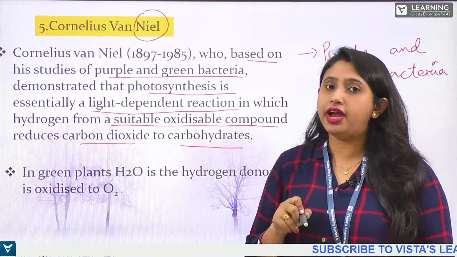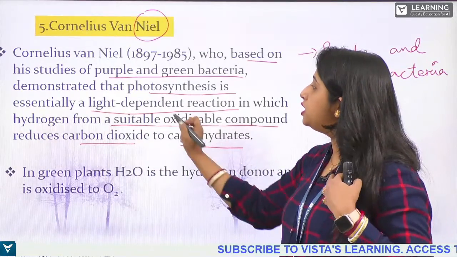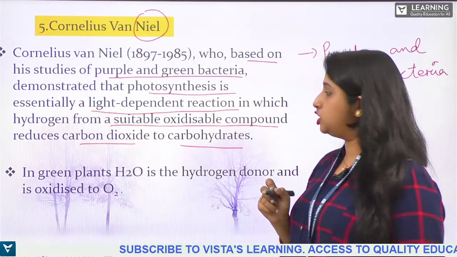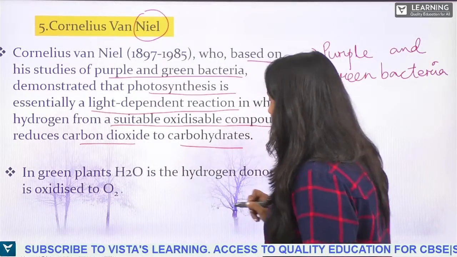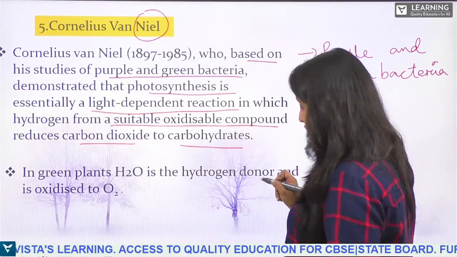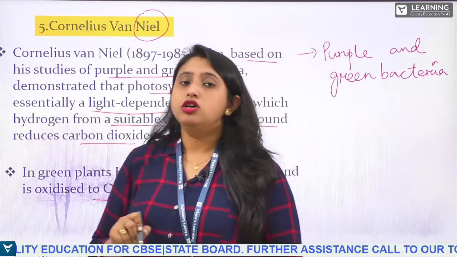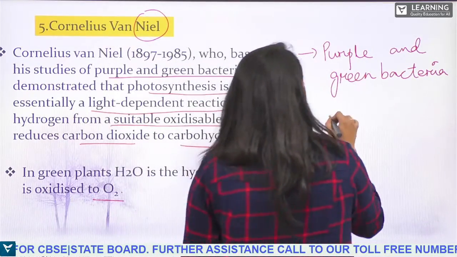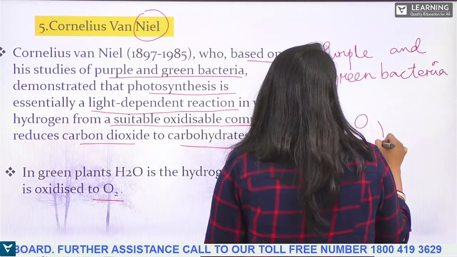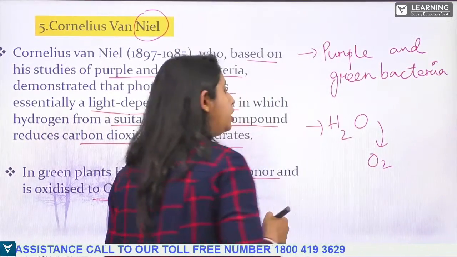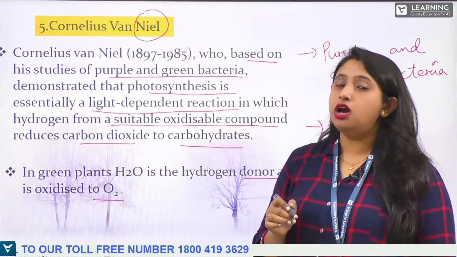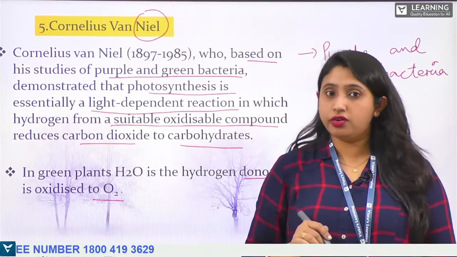He has said that photosynthesis is a light dependent reaction. In green plants, H2O is the hydrogen donor and is oxidized into O2. So from water, O2 is being evolved, not from carbon dioxide. So he has proved this.